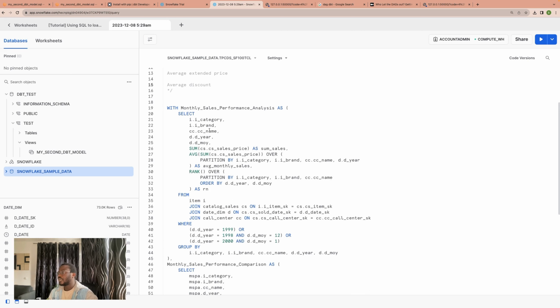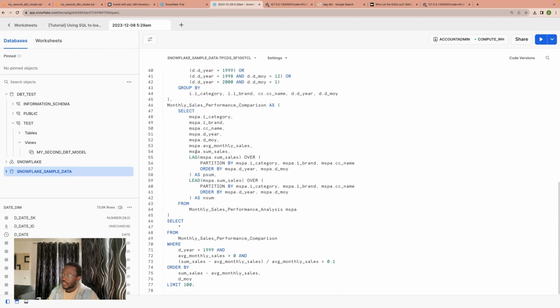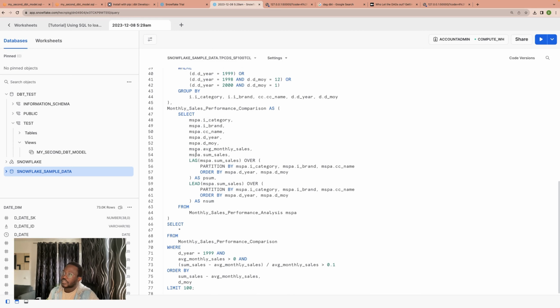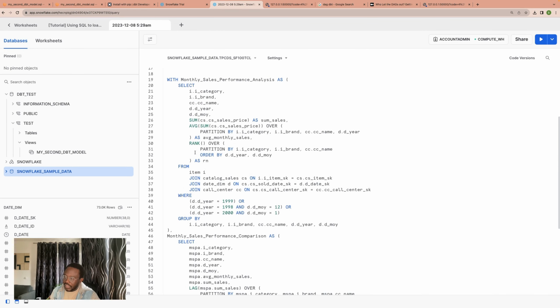Now, when you look at this query, it's relatively complex. Perhaps you could have a much more complex query than this, but for this course, we would say it's relatively complex. You have a couple of joins here and there.